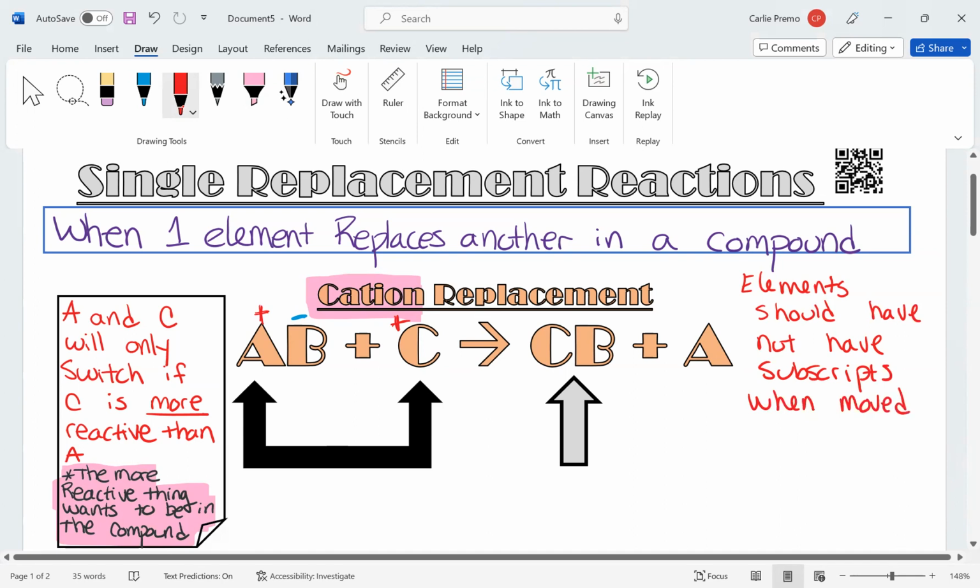This is because, like before, we want to be making a new formula based on their charges.